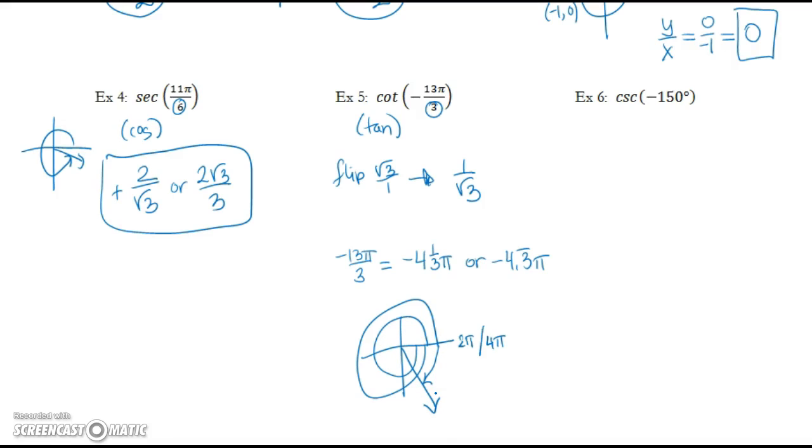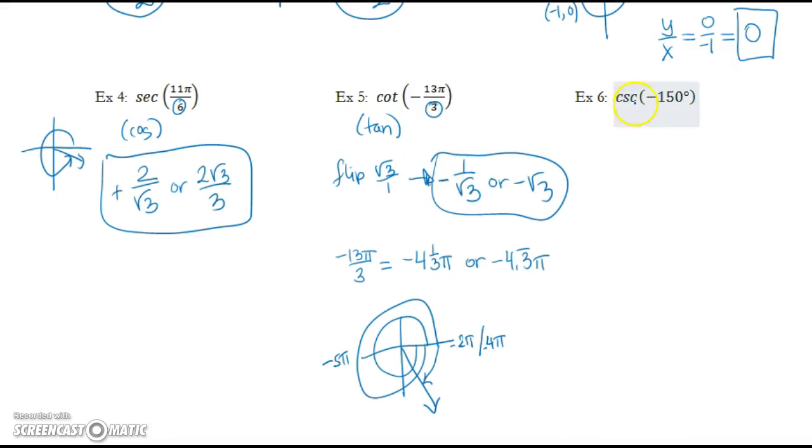If that's confusing, this is -4π, this is -5π, so we're in between -4π and -5π, closer to -4π. So this is quadrant 4, where tangent is negative, so our value is going to be negative. So it's negative 1 over root 3, or if we simplify that, negative root 3 over 3.